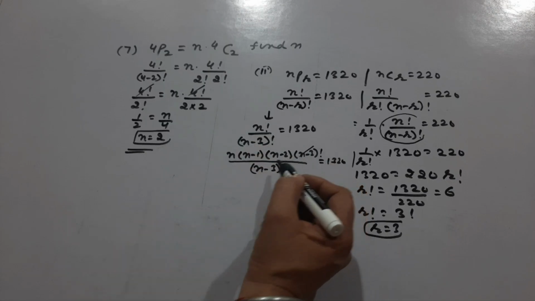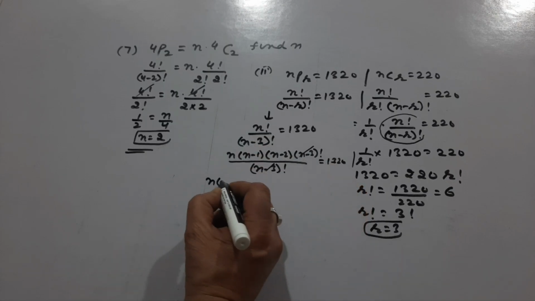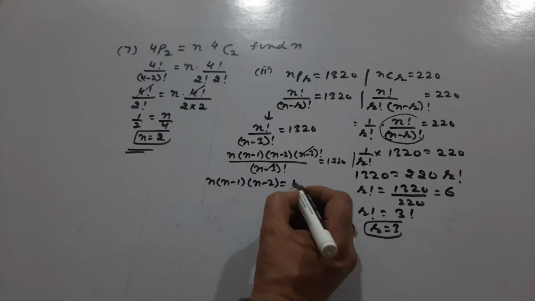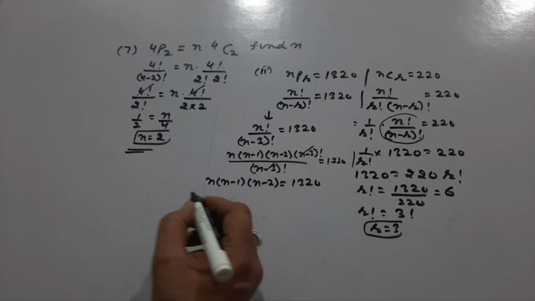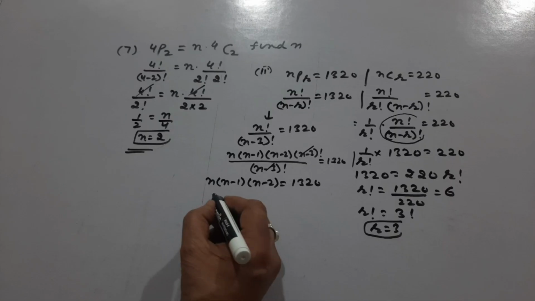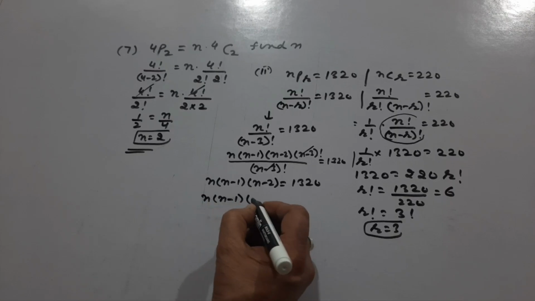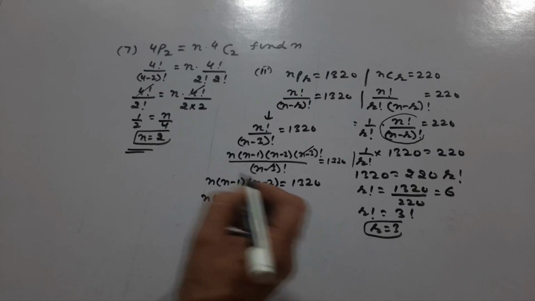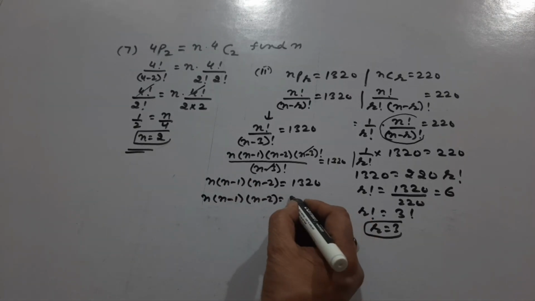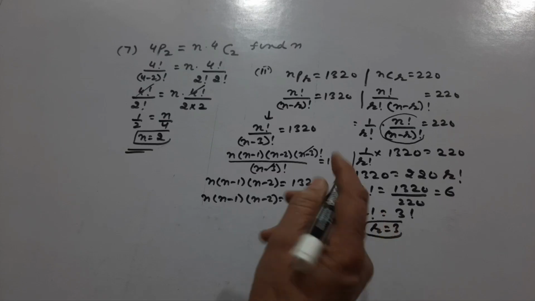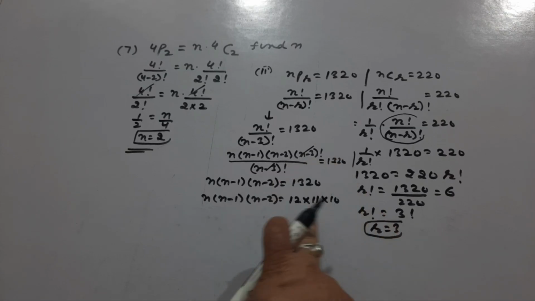Cancelling (n minus 3) with (n minus 3), we get n into (n minus 1) into (n minus 2) equal to 1320. Now writing 1320 as a product of three consecutive numbers, so we can write 12 into 11 into 10. These are the consecutive numbers in descending order.